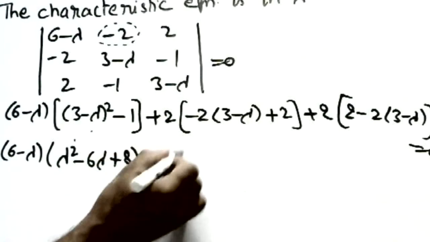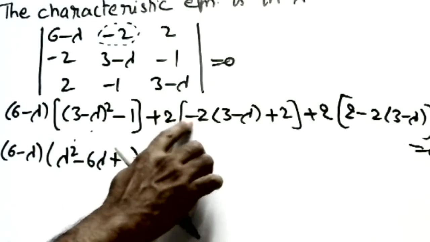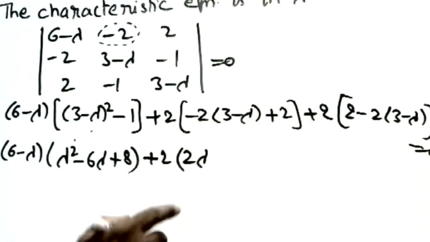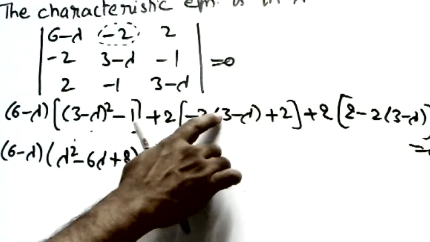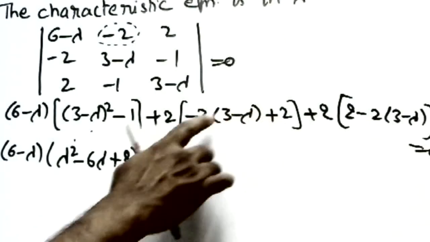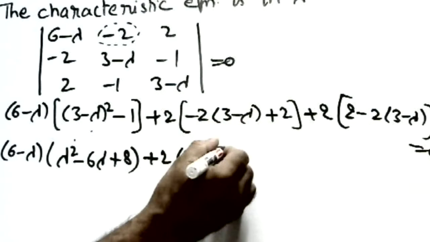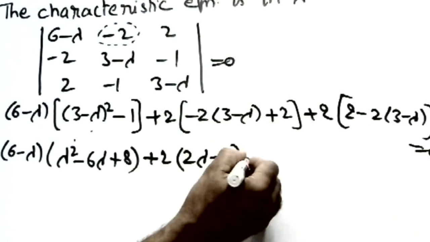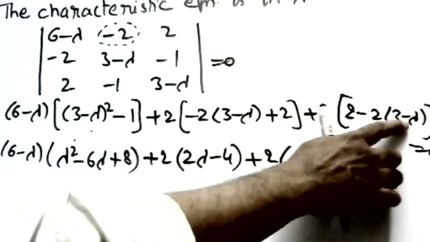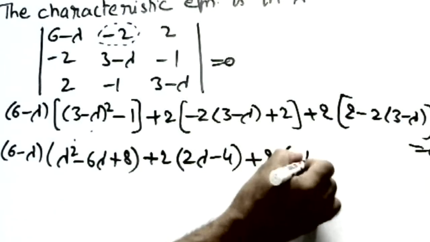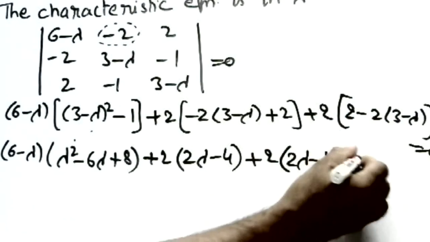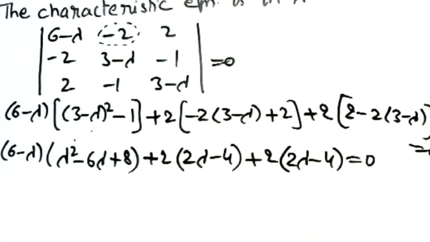Next, plus 2 into lambda, minus into minus plus 2 lambda. Now the numbers: minus 2 3s are 6, minus 6 plus 2 will be minus 4. Lastly plus 2 into lambda, 2 lambda, and minus 6 plus 2, minus 4, equals 0.